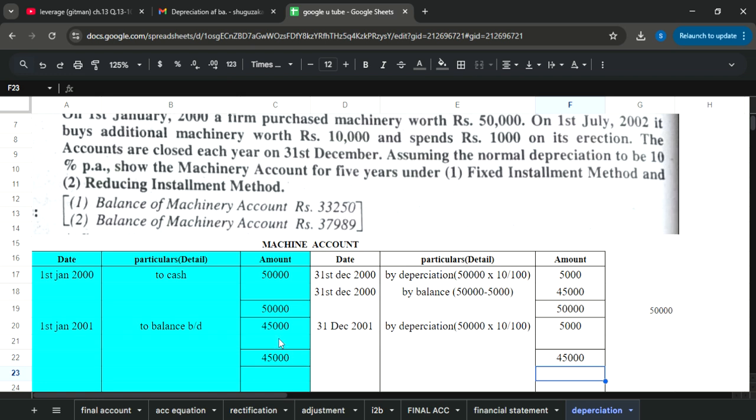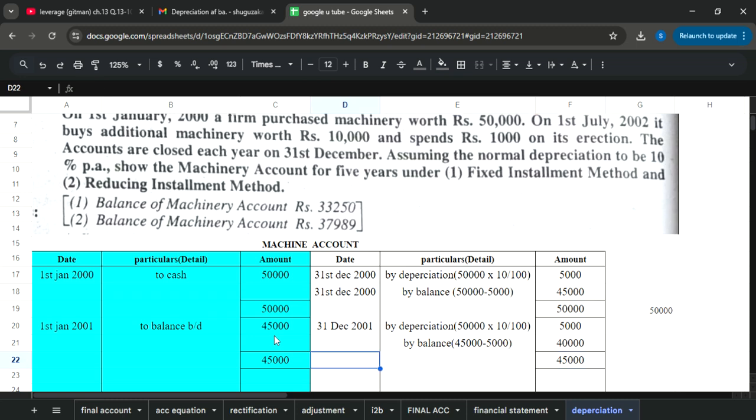Step number 1, total of both sides, and then the larger total would be posted on both sides, and here you will calculate your balance. Similarly, this balance would be calculated by subtracting the smaller sum from the larger sum. This is the larger sum 45,000 and you will subtract the smaller sum 45,000. In this way your balance would be calculated. So now we have got 40,000.